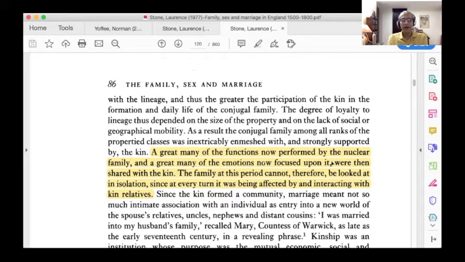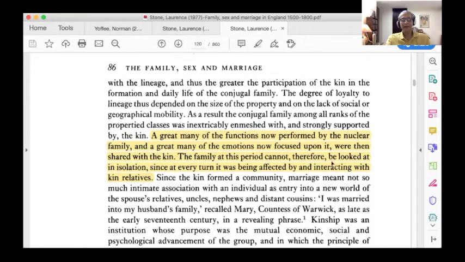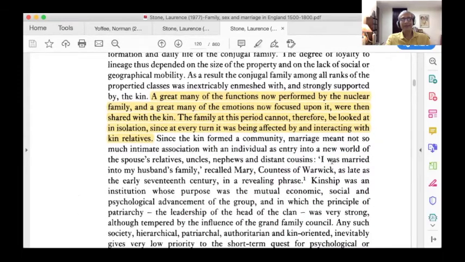Right? And why is this? This is because of the need to think about how inheritance and property relations were to continue and be preserved. The family at this period, therefore, cannot be looked at in isolation, since at every turn it was being affected by and interacting with kin relatives.